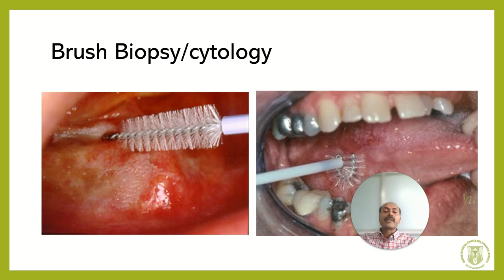So the next technique is what we call a brush biopsy or a brush cytology. Here, a miniature bottle brush or a circular brush is used, and the technique is very similar to exfoliative cytology. Instead of a spatula, here the brush is used to perform the cytology or the biopsy.